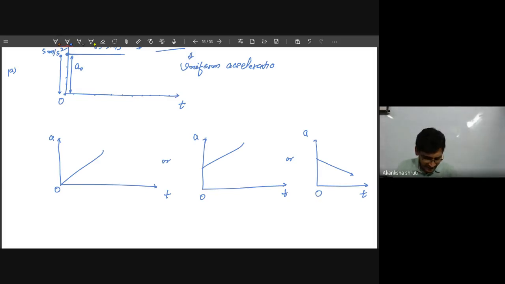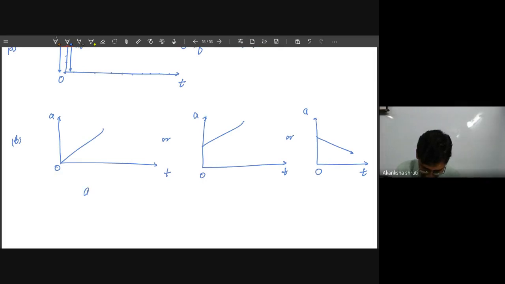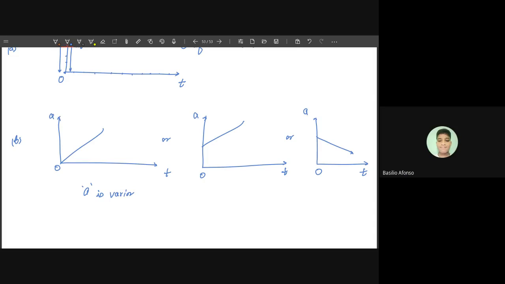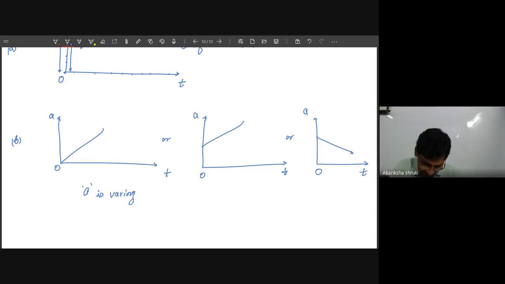A student, in this case, acceleration is varying. Varying means changing. First case, acceleration is increasing, and initial acceleration was 0. In this case, acceleration is increasing, but initial acceleration was which value? A0.